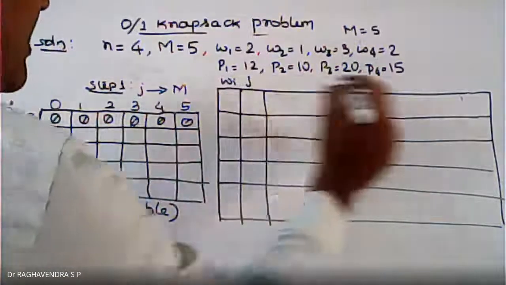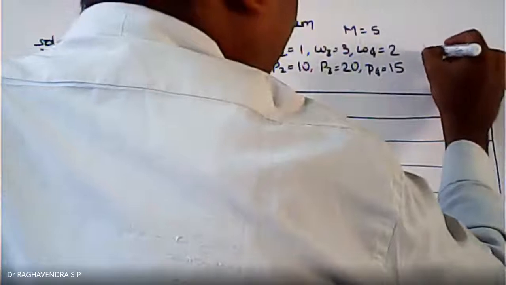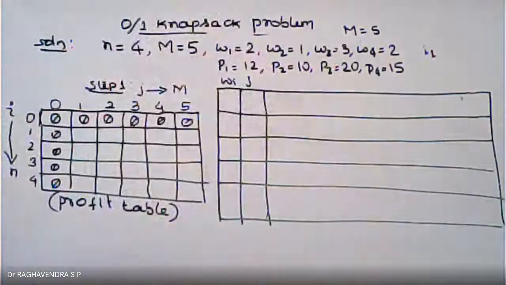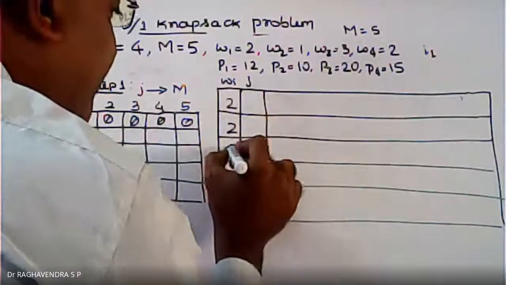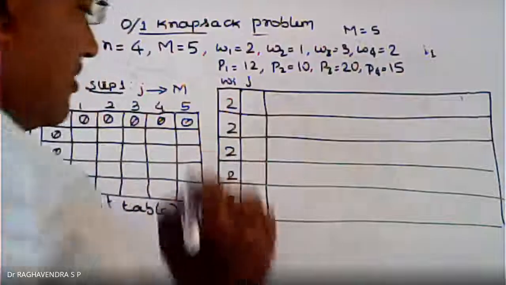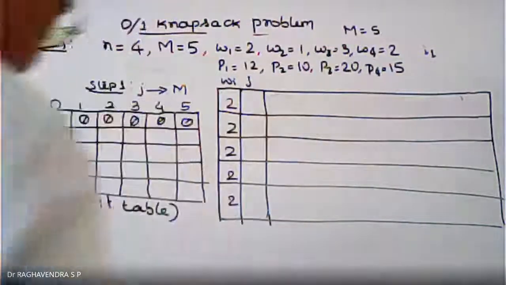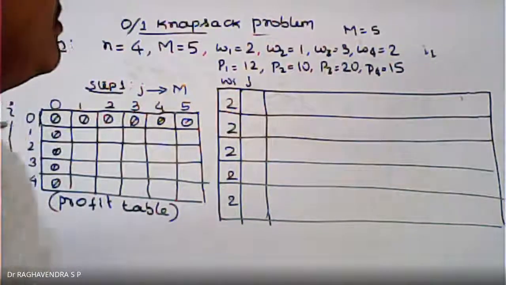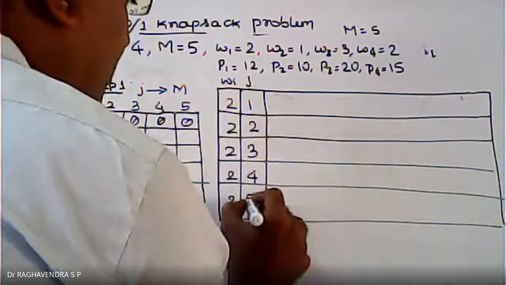I am inserting item 1. So what is the weight of item 1? It is 2. So you have to write 2 in every row of the first column. Now what is J? J starts from 1, 2, 3, 4 up to 5.